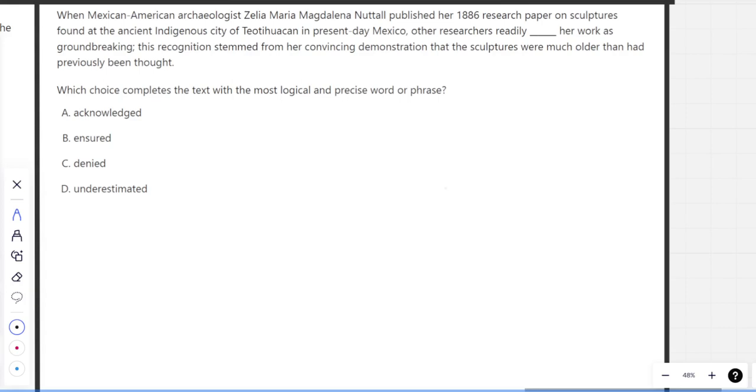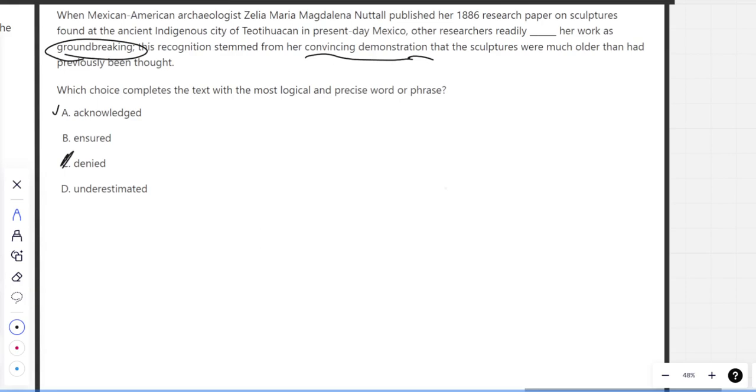So if it was convincing, I would say the researchers probably agreed or congratulated her on her groundbreaking work. They said, yeah, this is definitely groundbreaking. So acknowledged would probably work. Ensured, denied, underestimated. I would say we can skip denied, right?